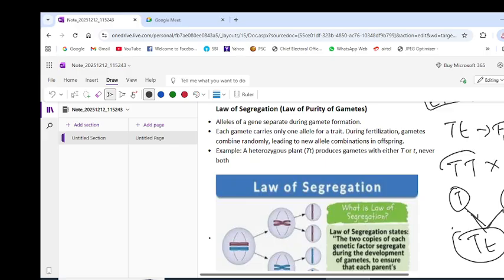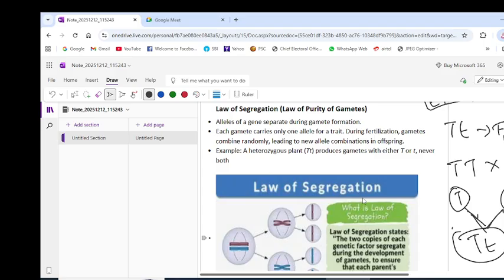This is also tall and this is also tall, but the difference is that it has another gene which is for shortness. So a new variety was formed.